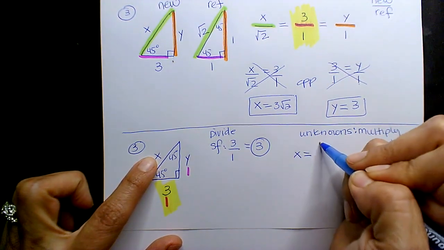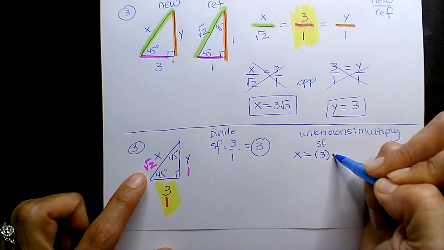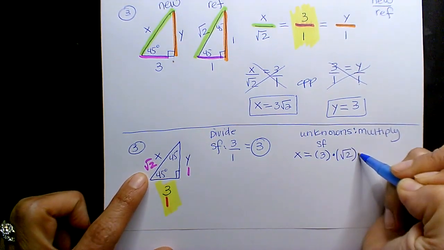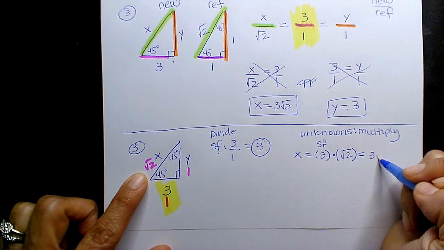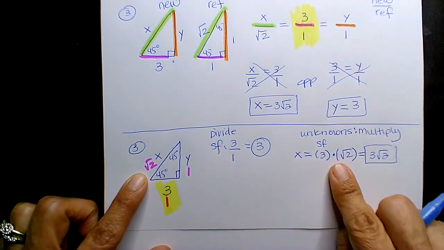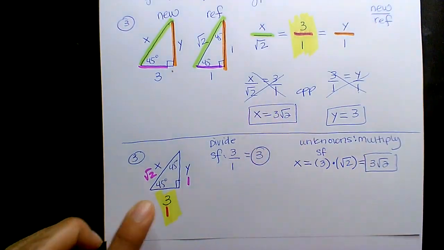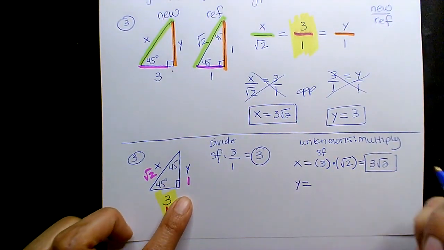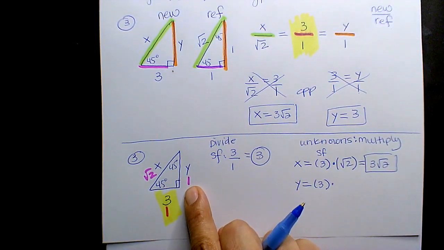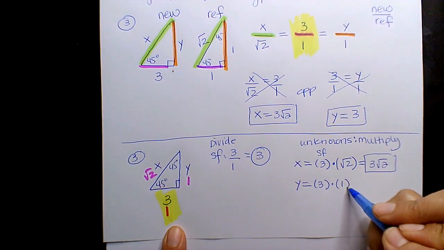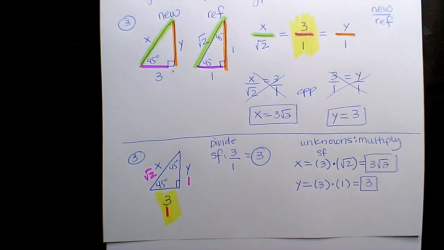X is going to be my scale factor 3 times my reference rad 2. And what is 3 times rad 2? 3 rad 2. And notice, all we're doing here is the cross product property. So now if you want to find y, scale factor 3 times your reference 1. And what's 3 times 1? 3.